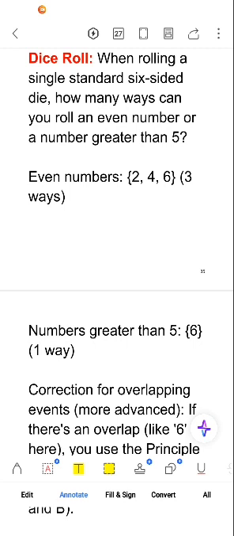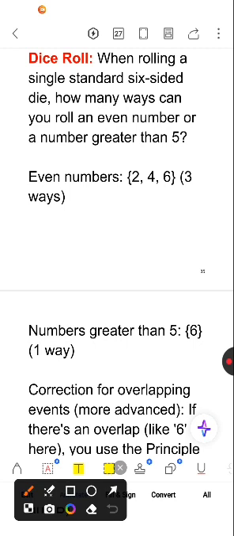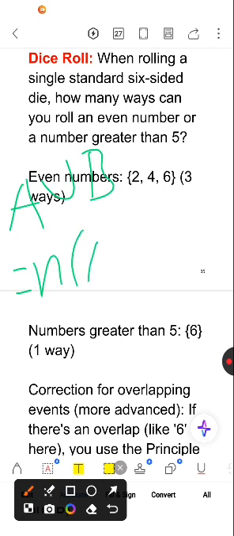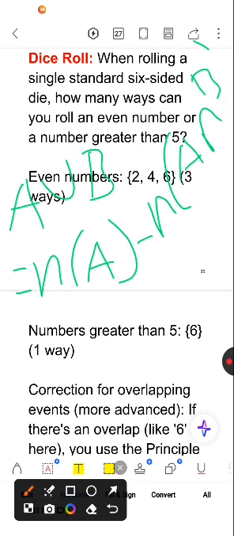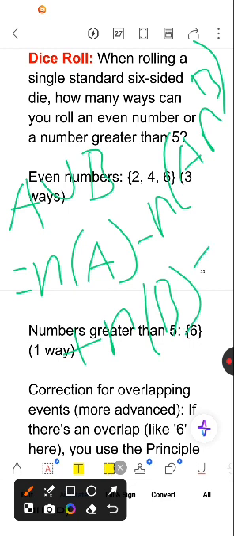Anytime you have a two-set problem question, the cardinality of A union B is equal to the cardinality of A minus the cardinality of A intersection B plus the cardinality of B, minus the complement if there is any.